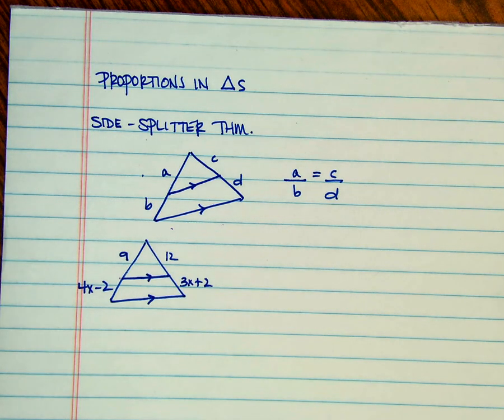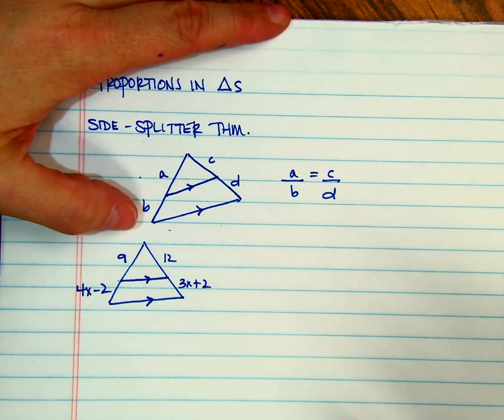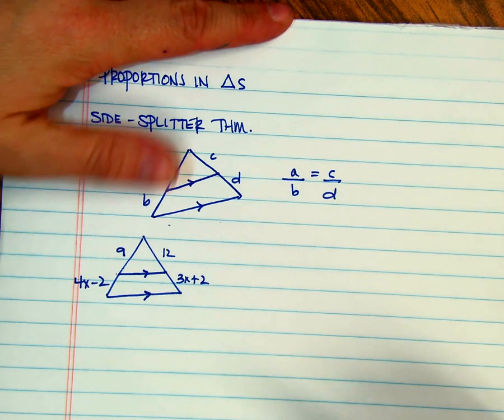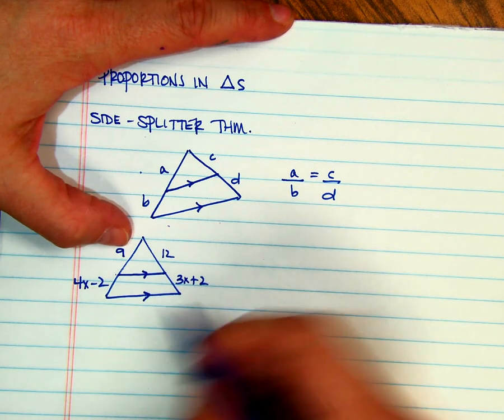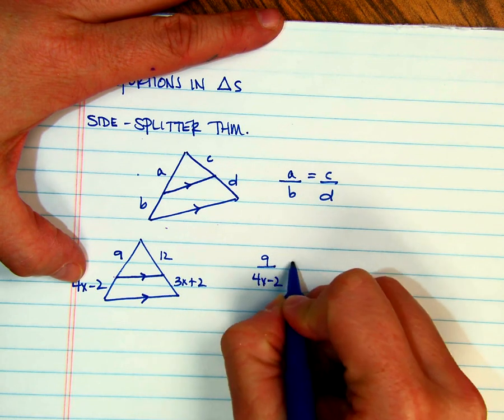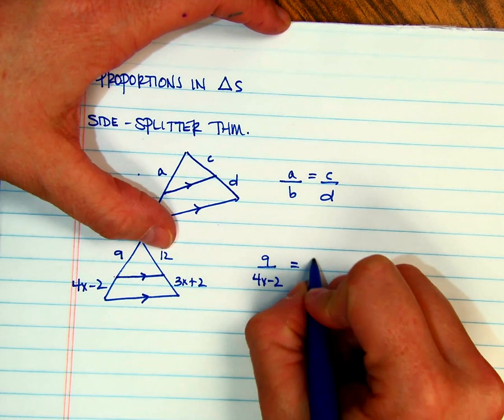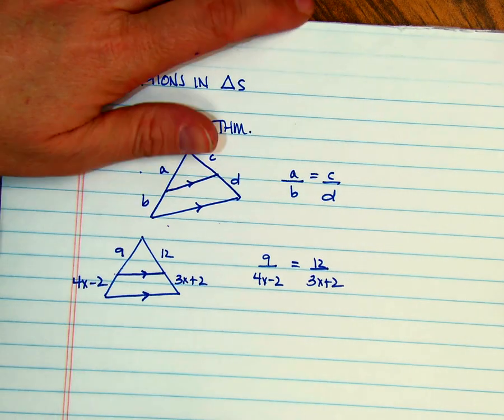Because we have parallel lines, I know that it splits the sides proportionally. Remember, there's a lot of properties of proportion, so as long as you're consistent, you're fine. So 9 over 4x minus 2, that should equal 12 over 3x plus 2.